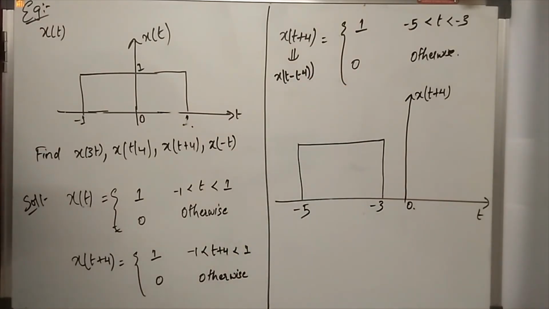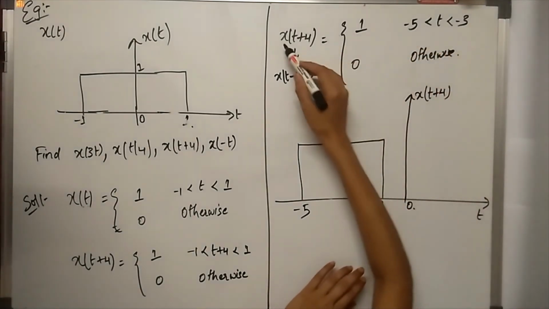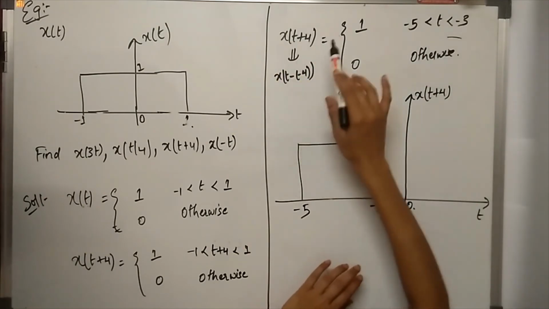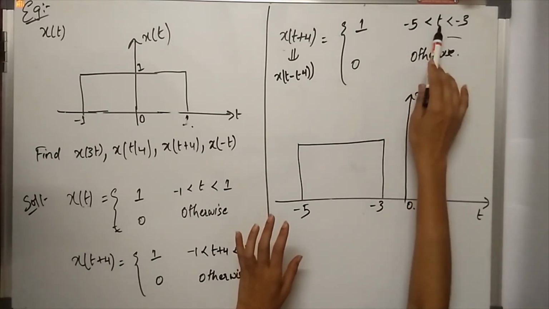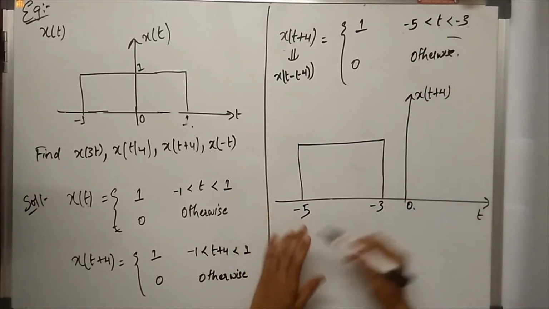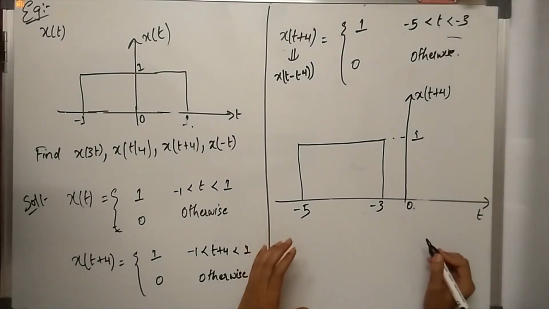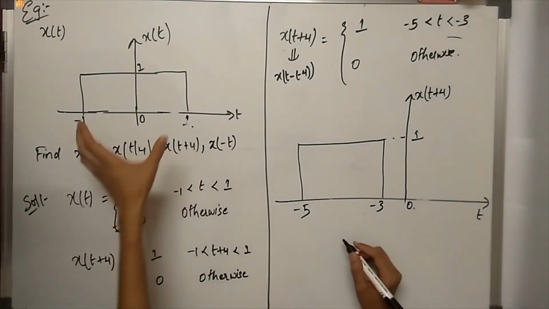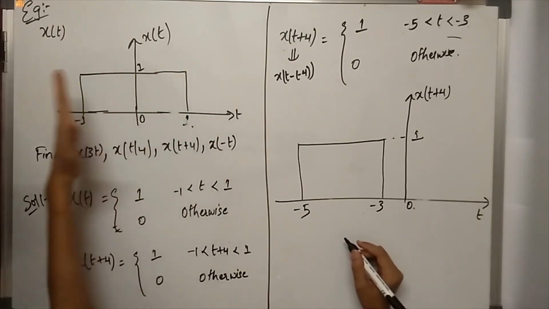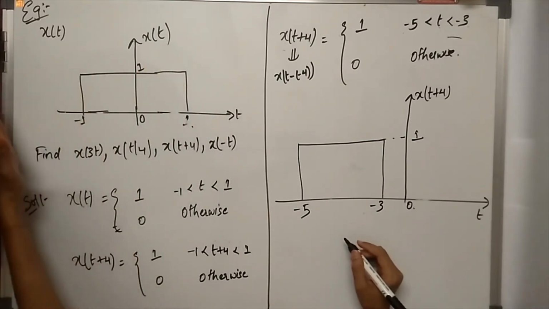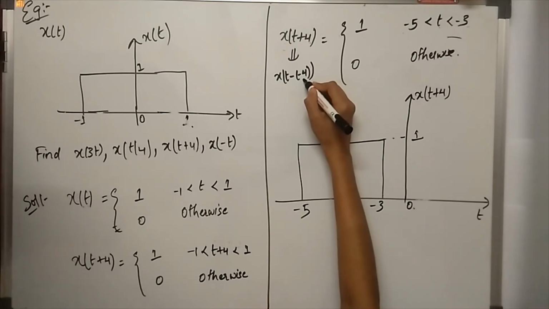From this mathematical expression, I can have a diagrammatic representation of x of t plus 4 equal to 1 for t greater than minus 5 and less than minus 3. So I'm just plotting the signal. What is the observation here? First observation: this signal has left shifted by how many units? It's left shifted by 4 units.